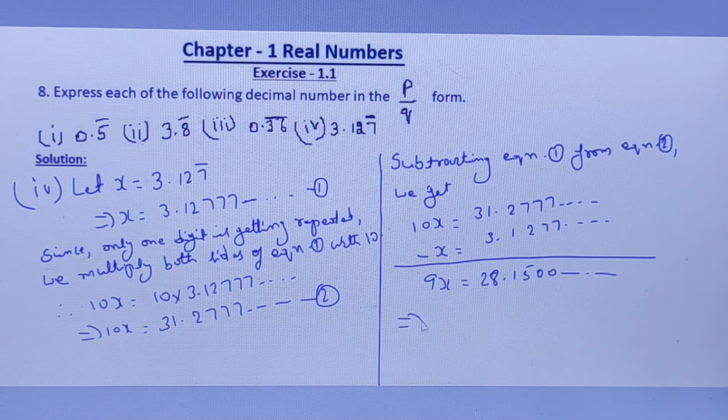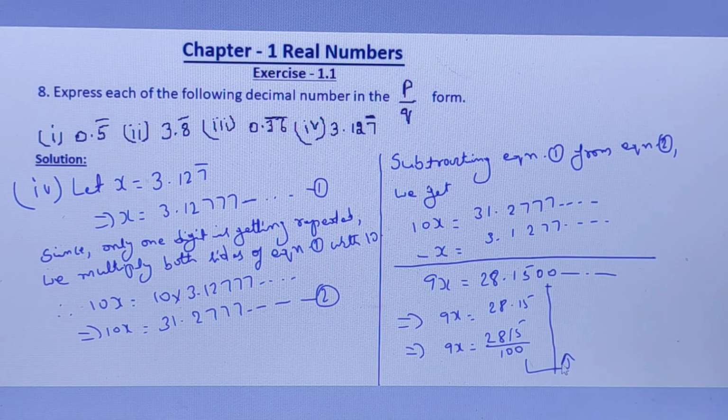So this implies 9x is equal to 28.15, implies 9x is equal to 2815 divided by 100. We can write like this, right? So I am continuing this here.